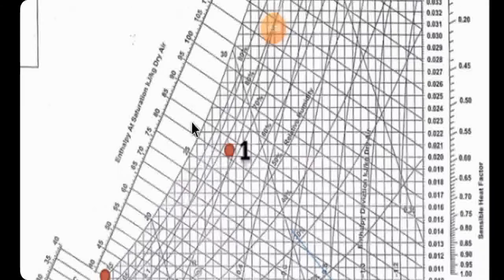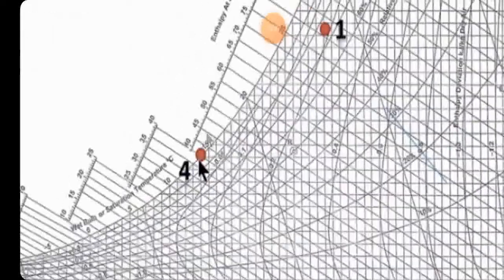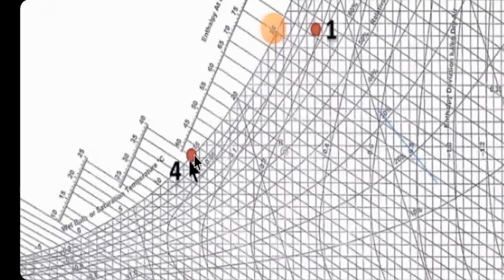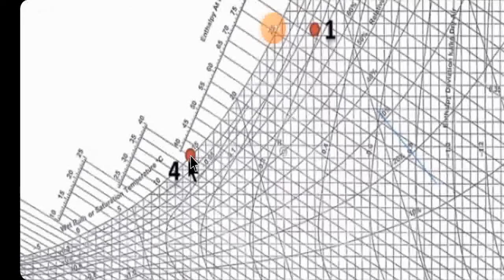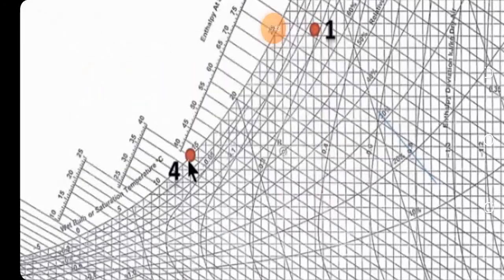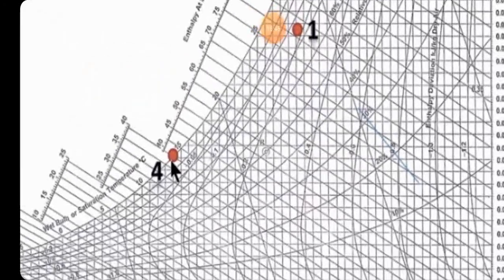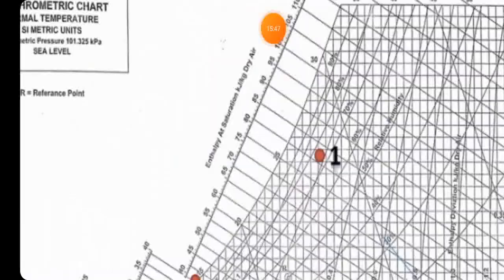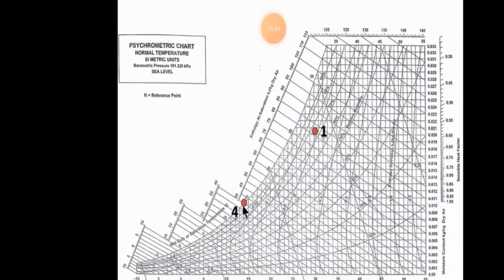From this point you can easily get the value of enthalpy, 82, and call that H1. From point 2 you can easily see the value is closer to 43.5. Yes, 43.5. So H2 is 43.5.